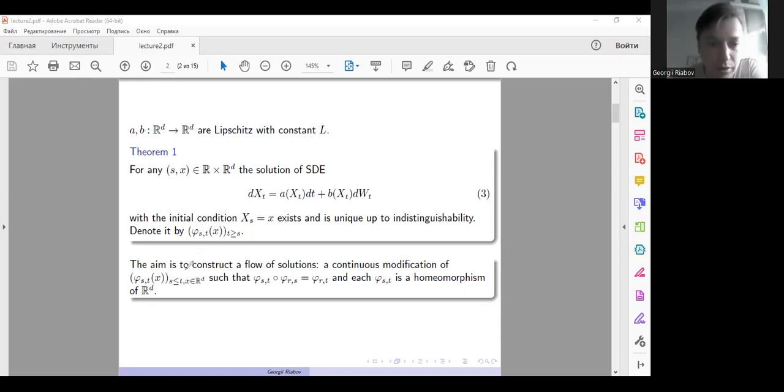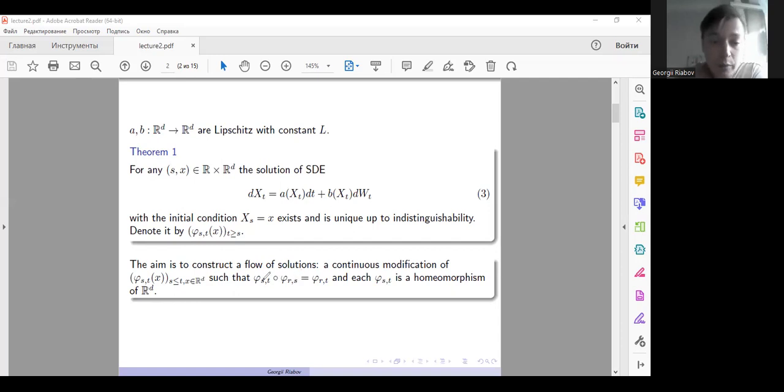So, last time we formulated our aim to find a modification of solutions phi that constitute a flow of solutions.